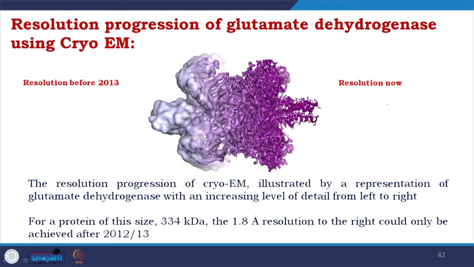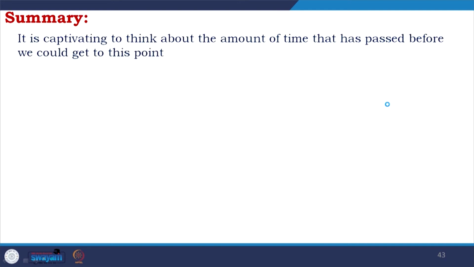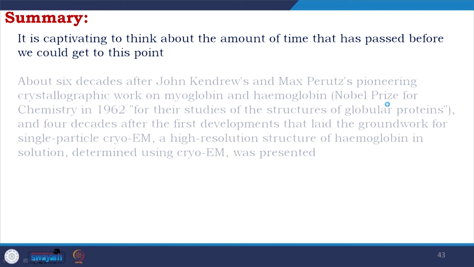For a protein of this size, which is 334 kilodalton, the 1.8 resolution on the right could only be achieved after 2013. It is captivating to think about the amount of time that has passed before we could get to this point.